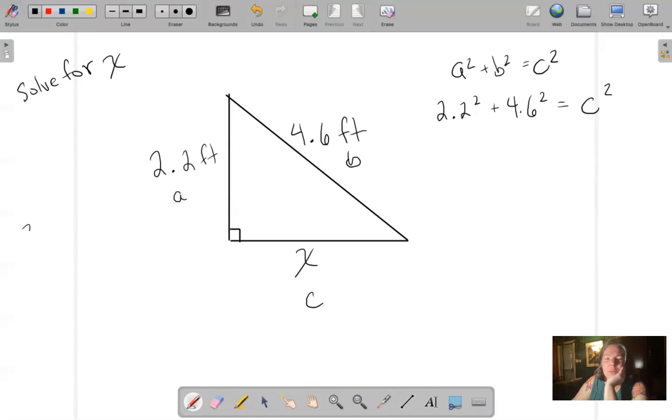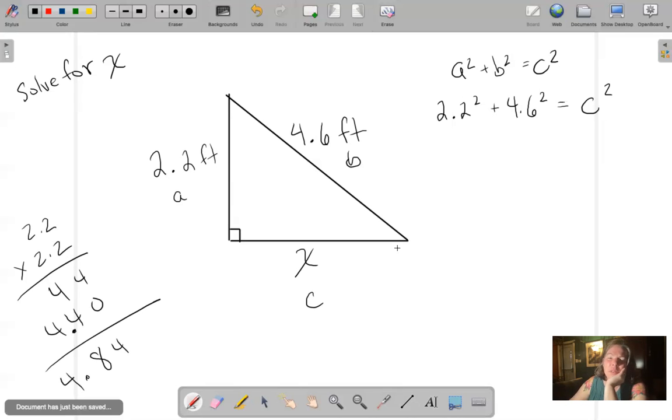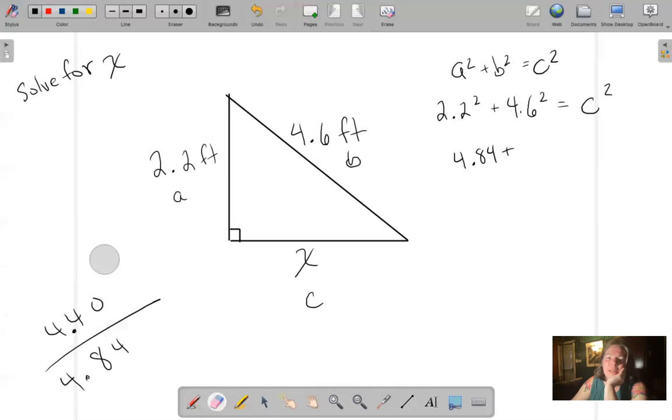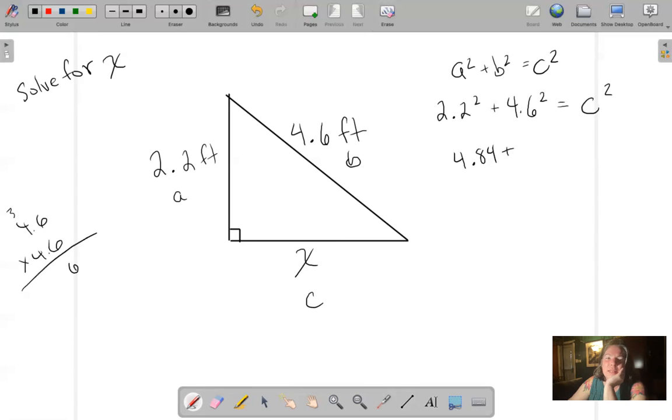All right, well, let's do 2.2 times 2.2. This is 4, 4, 0, 4, 4. Decimal goes here. 4.84. Now 4.6 times 4.6. 6 times 6 is 36. 6 times 4 is 24, plus 3, 27.